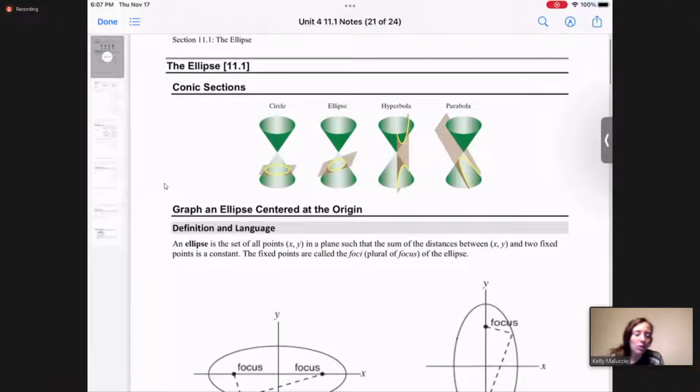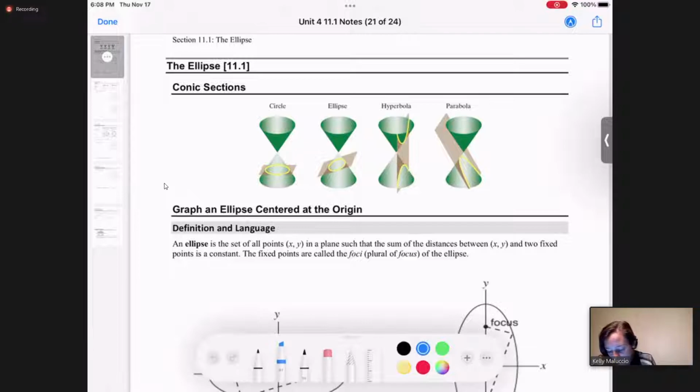So again, today we're talking about different shapes, but we're starting with this ellipse. Basically, how does an ellipse come about? Or how do any of these things come about? Well, this is one way, through conic sections.